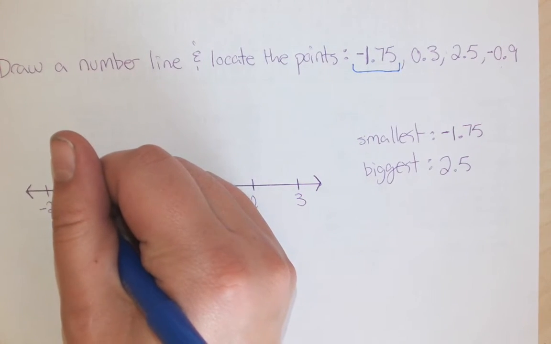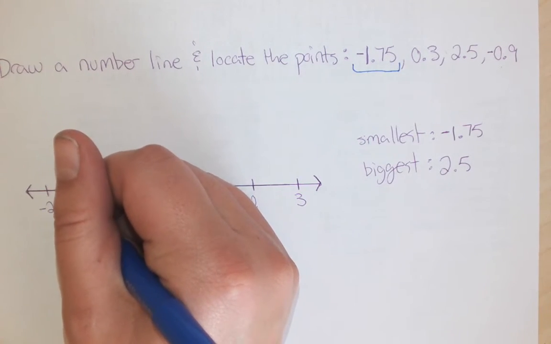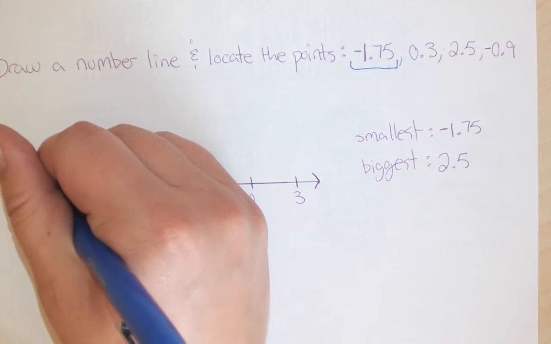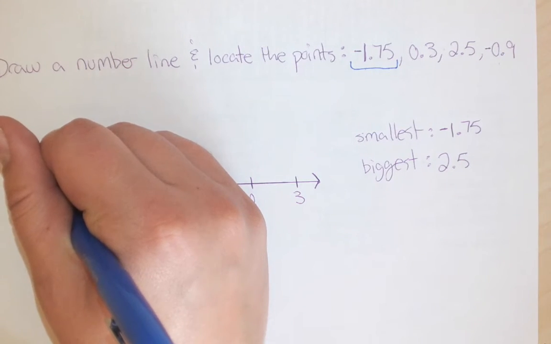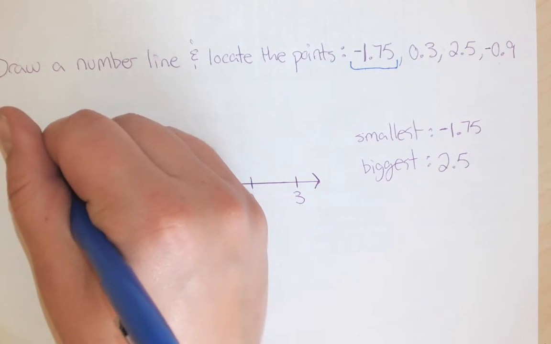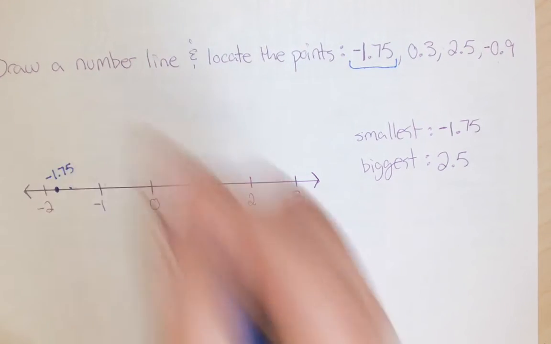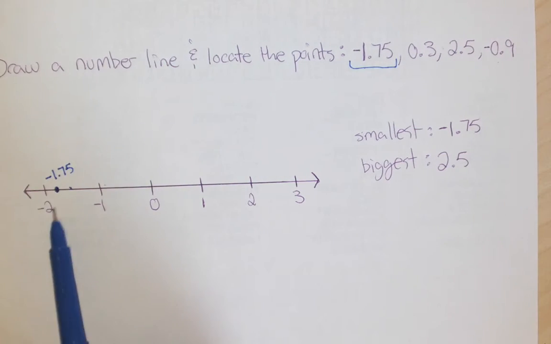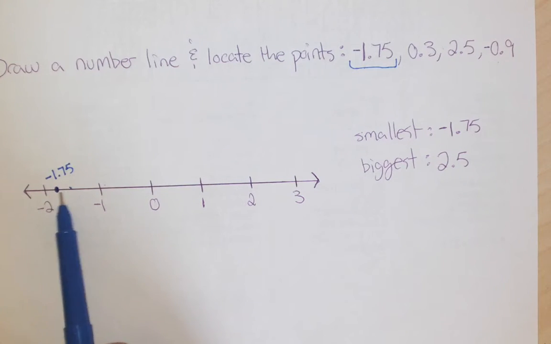So I'm going to find, well, -1 1/2 would be right here. So roughly here would be -1 75/100. Right where I put there, because I'd say that's about half. This is in between -1 1/2 and -2.